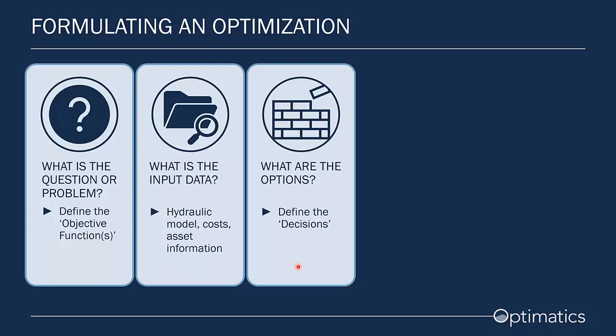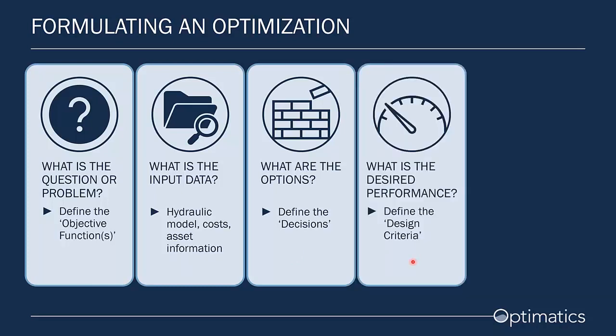So this is a step where the engineer is going to define the options, or what we call the decisions in Optimizer. And it's important to understand that Optimizer does not come up with strategies on its own. It's not going to invent a pipe where there is none. The engineer or the user needs to define all the potential strategies, so defining the range of interventions that could be considered, and then Optimizer is going to test out different combinations of those strategies.